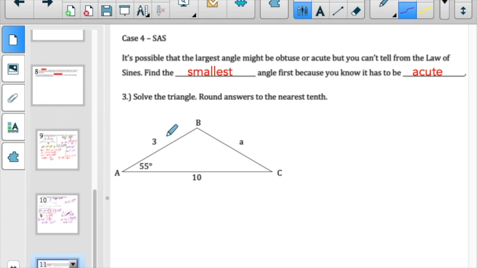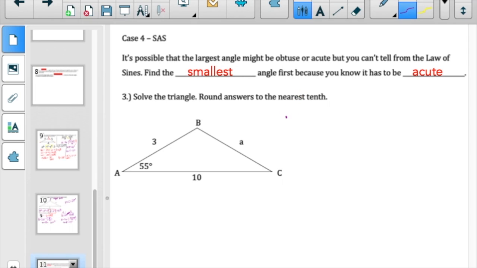So let's look here. When we go to law of sines, you're going to find that smallest angle first for sure. Okay, so first though, I have angle 55, so I have to find A. And I can't use law of sines because I don't have two angles. So I have to find side A first.